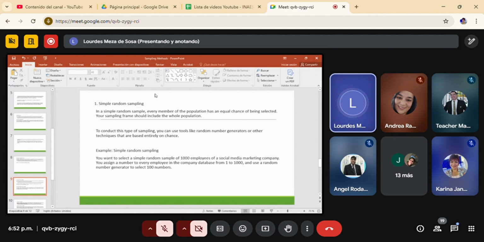And whatever numbers come out, it will provide you with 100 people with different numbers according to the raffle, which is just by chance. Like I said, chance is the key word here. Okay.